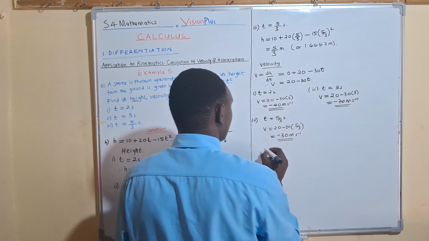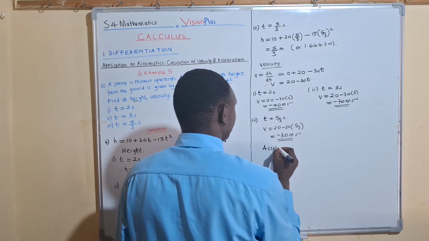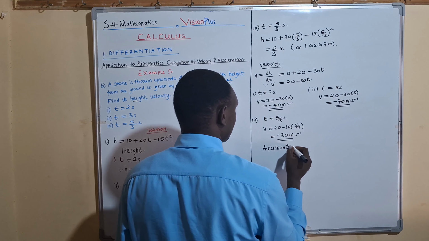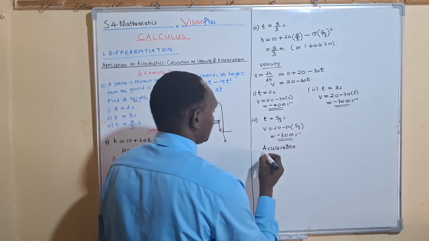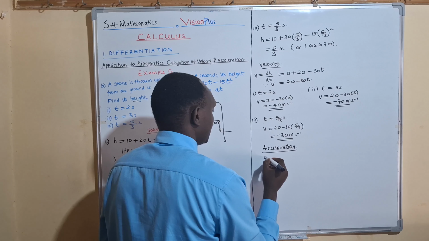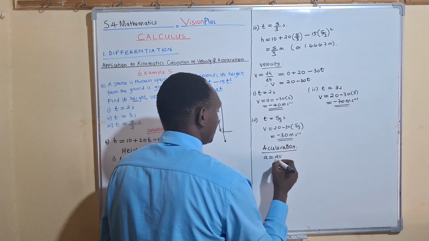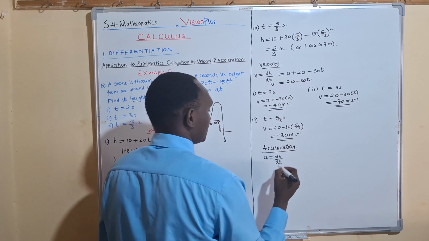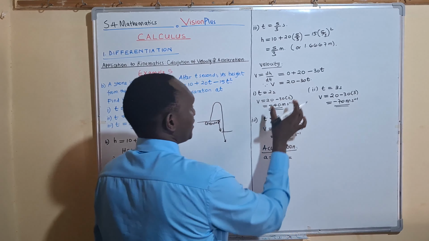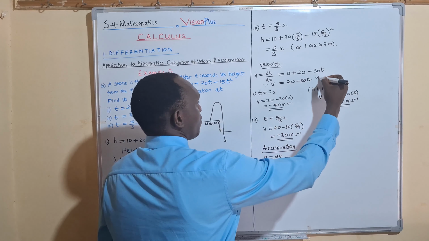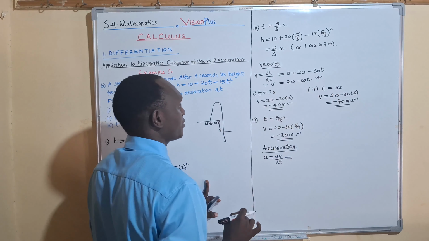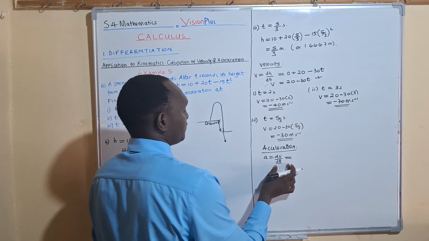And lastly, the acceleration. By definition, what is acceleration? Acceleration is the rate of change of velocity, that is dv/dt. That means if we have here the expression for velocity at any time t, we can use this expression to get the rate of change of velocity.